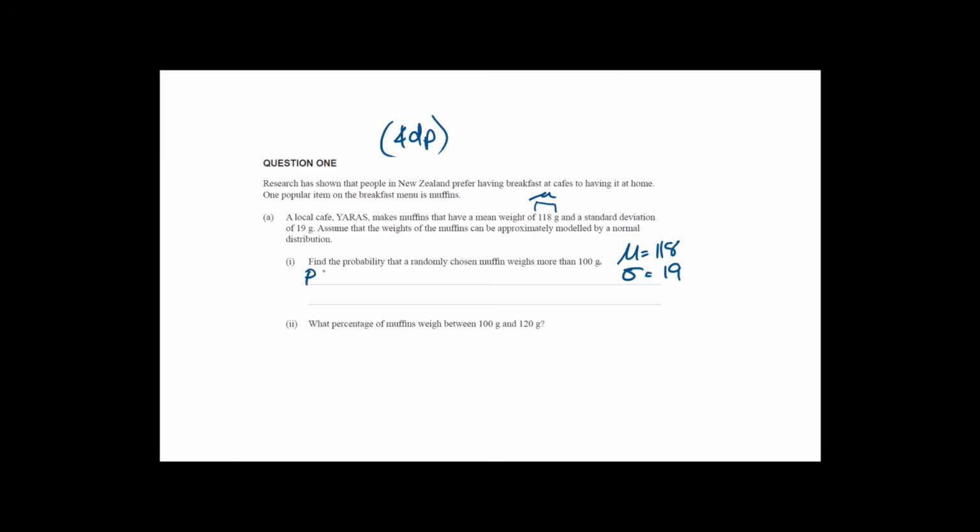So we're wanting to find the probability that X is greater than 100. If we draw a graph, we can see that this is 118, so 100 must be about there, and we want that area, just to get our head around what's going on.